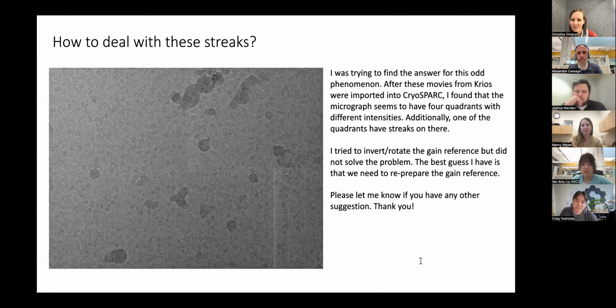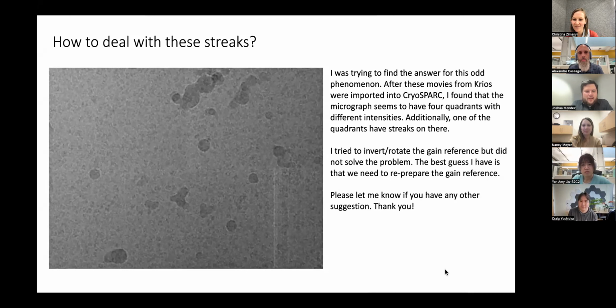So what you're actually doing is slightly lowering your throughput. But for example, this image, there's so many particles, I wouldn't necessarily be that worried about the 5% of particles you might throw out because of this. It's just a numbers game. But that's just my 2 cents.